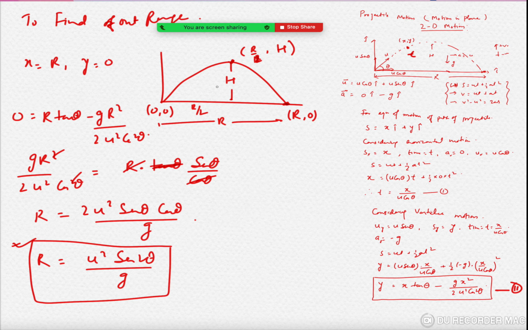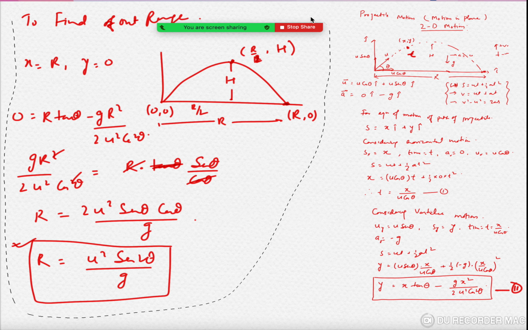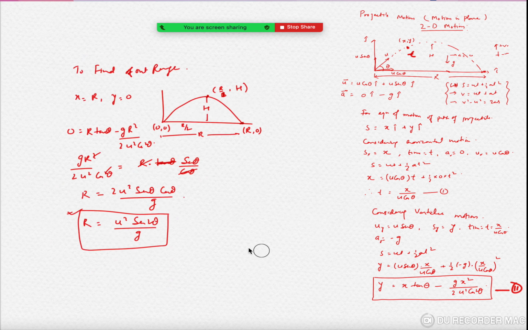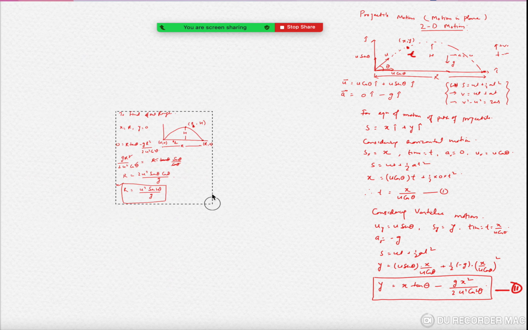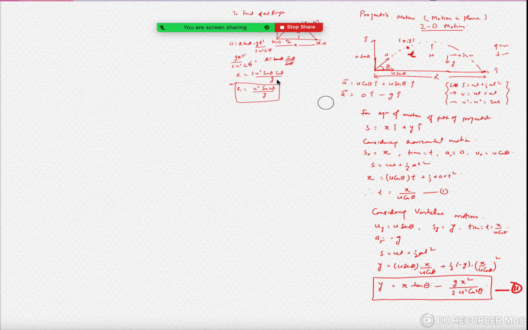This is one way, or the other way you can use the vertical equation. So this is the range you find out.